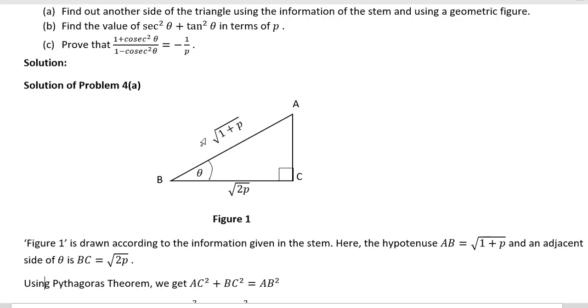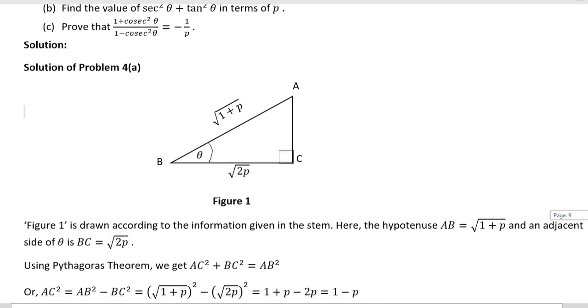So we already know what is the base here, what is the perpendicular here, and what is the hypotenuse here. So we can write that sec theta is equal to inverse of cos theta. So we can say sec theta is equal to hypotenuse by base, that is root over 1 plus p divided by root over twice p, and tan theta is equal to perpendicular by base, that is root over 1 minus p divided by root over twice p.